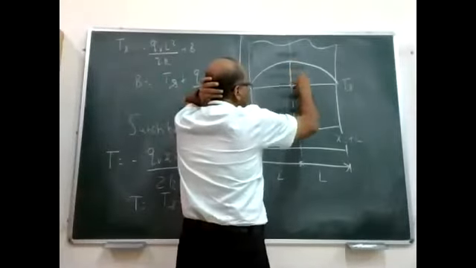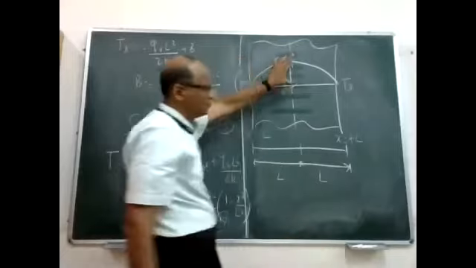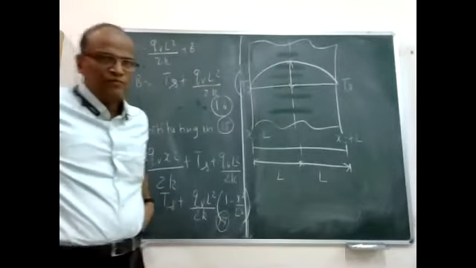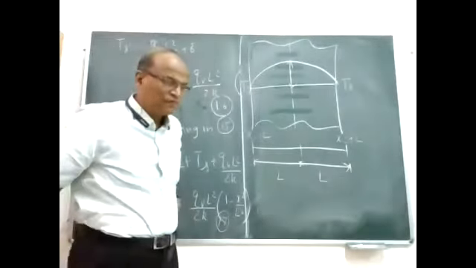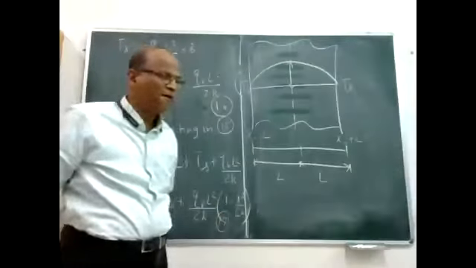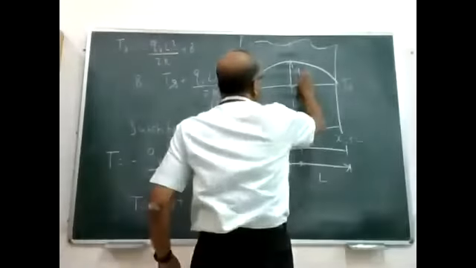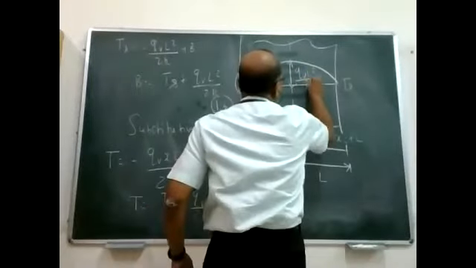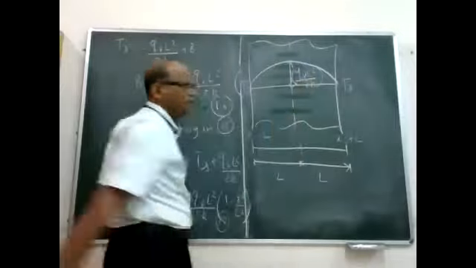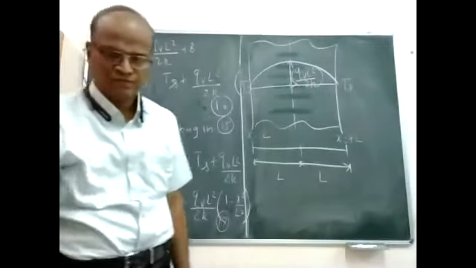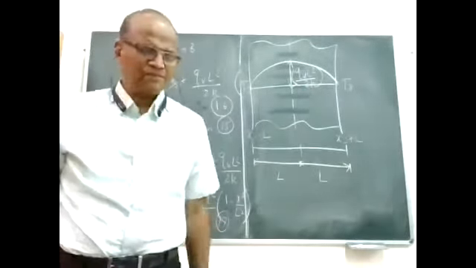And what is this fellow? Can you tell me what this fellow is? What is this height? Q square, QL square by 2K. Exactly. q_v L square by 2K. What can you call it? Can you give it a name?